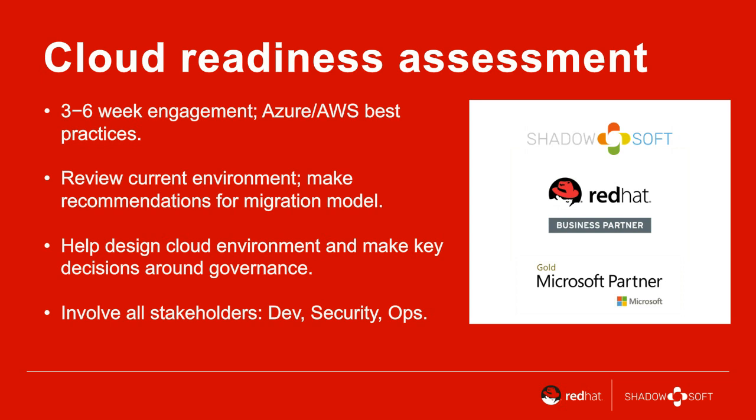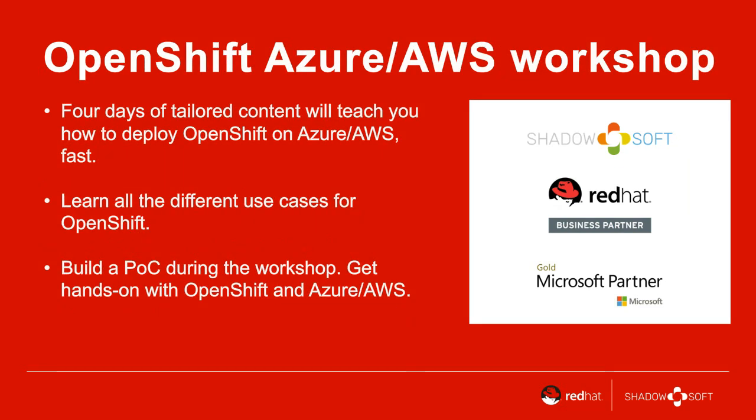The other thing we offer today is an OpenShift on Azure workshop, or OpenShift on AWS as well. But Azure is able to sponsor this with Microsoft. This is 4 days of extremely tailored content on how to deploy OpenShift on Azure and/or AWS. We learn different use cases and actually get to play and execute, and we will build a POC during the workshop.